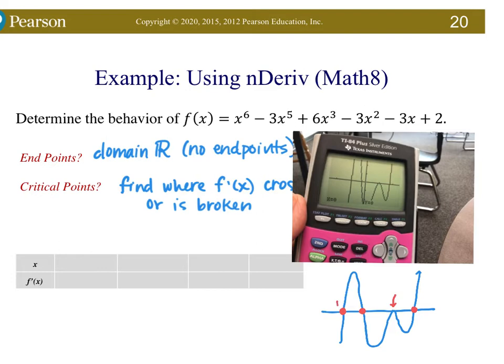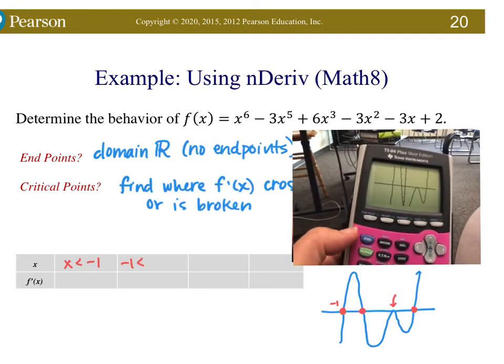This crossed at the number 1. Excuse me, it looks like -1. So in my chart here, I'm going to set up from x is -1, and then from -1 up to the next place. Now it's crossing at a decimal value, so I'll need to use a calculate zero to find out exactly what that value is.